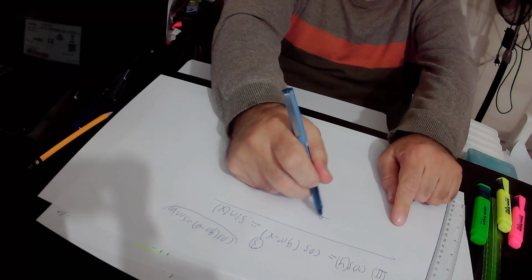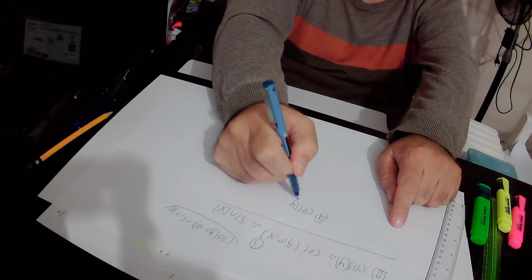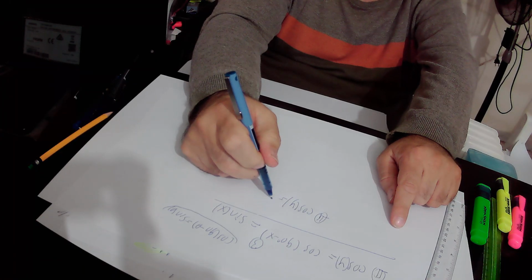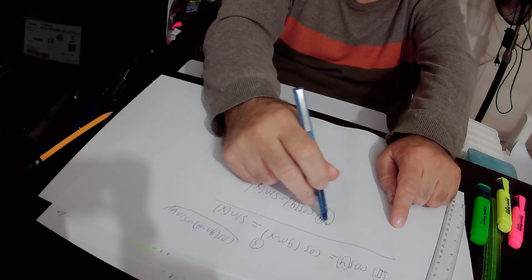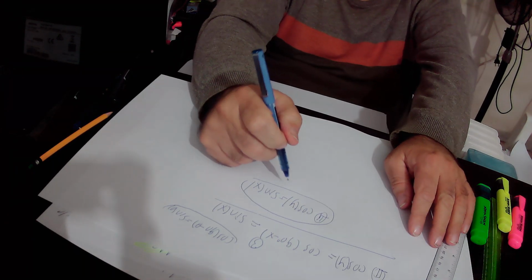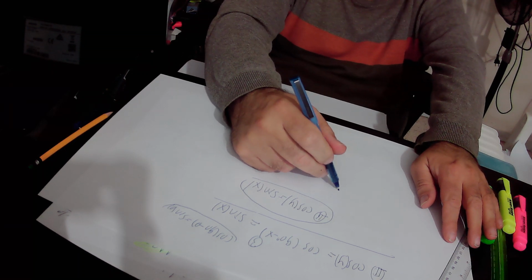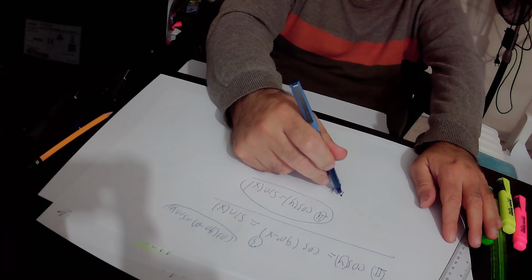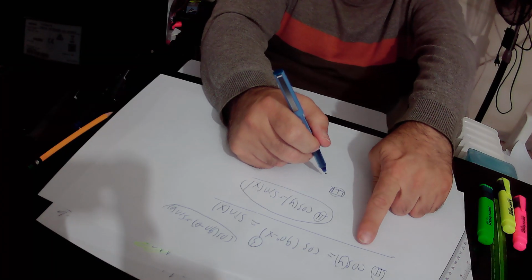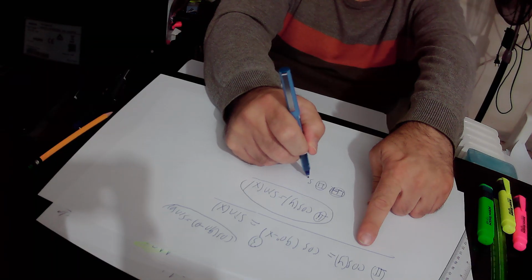In conclusion, we found out that cosine y equals sine x, and according to equation number 2, first of all, cosine y is sine x, so we will substitute cosine y by sine x.